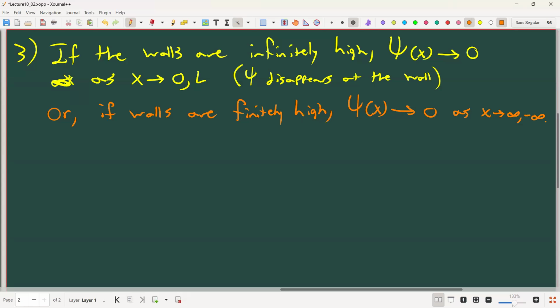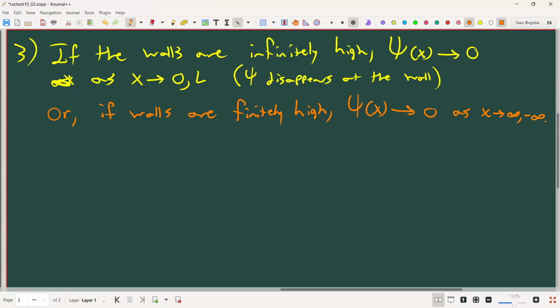So in some sense, the space that the particle exists in for an infinite box is finite, only length L. But the moment the box becomes finite, as in you can apply enough energy to the particle to allow it to escape, then you've changed the bounds of your system to negative infinity to positive infinity, and the wave function has to go to 0 at the edges, and those edges are at infinity.